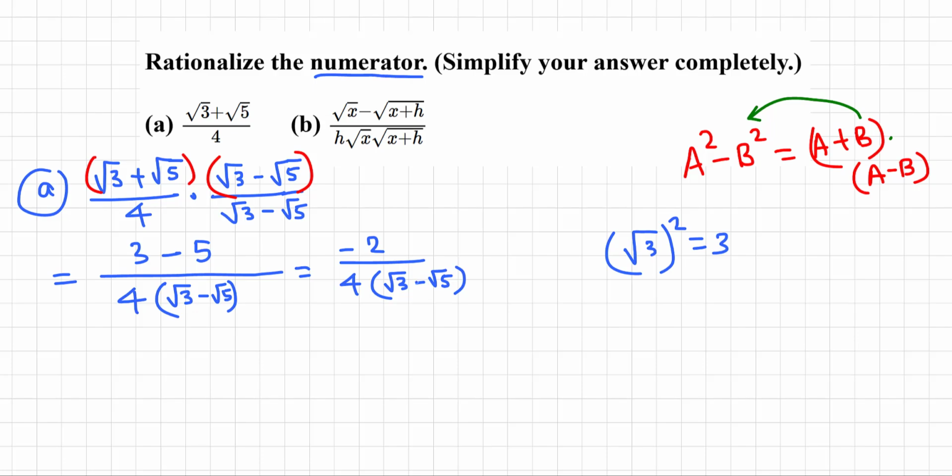By the way, we cannot add or subtract because these are unlike terms. But 2 is a factor, 4 is also a factor, so 2 goes once, 2 goes twice, and we have the final answer: negative, we can pull to the front, 1 on the top, there is a 2 times the quantity root 3 minus root 5.